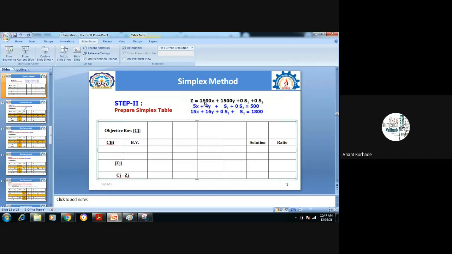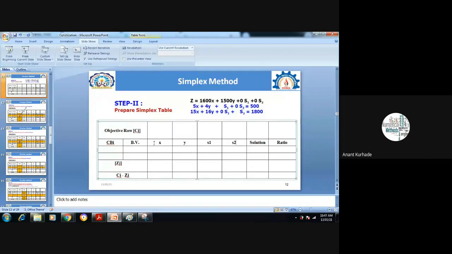The objective function is 1600x plus 1500y plus 0s1 plus 0s2. Write down the variables first. So here you can have x, then next we have y. Next, tell me what you have. S1 and S2, that's fine.